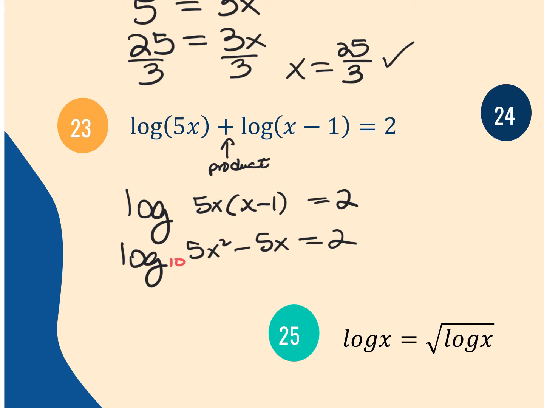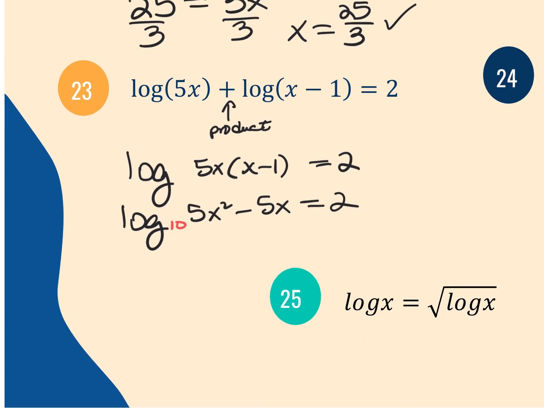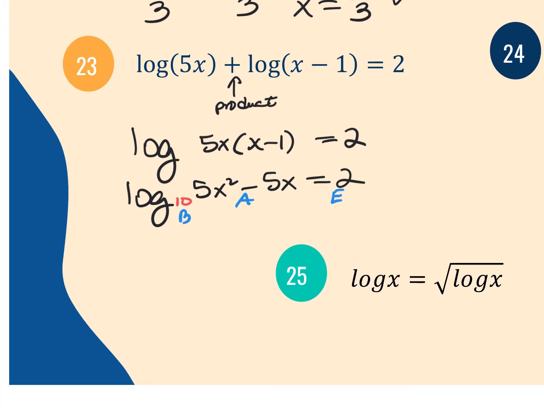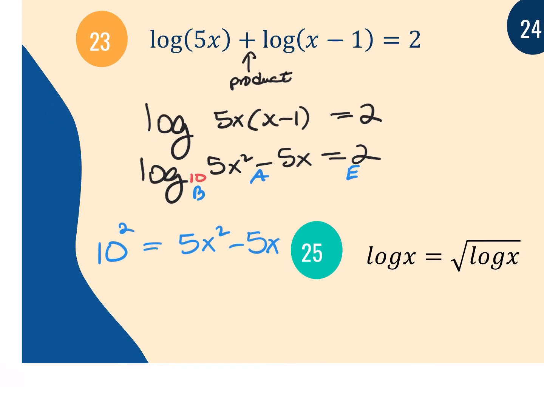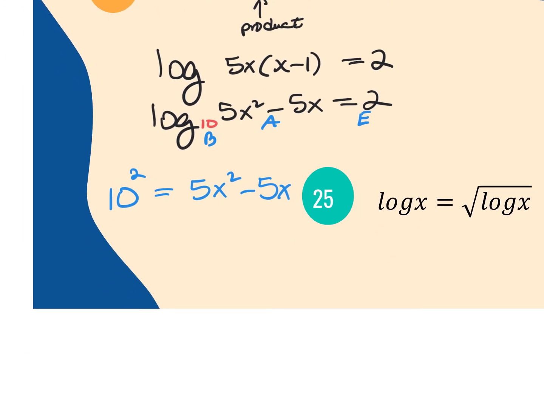So what I'm going to do now is turn this into exponential. So using my BAE trick, base, answer, exponent, I'm doing 10 to the 2nd power equals 5x squared minus 5x. I need to square the 10.